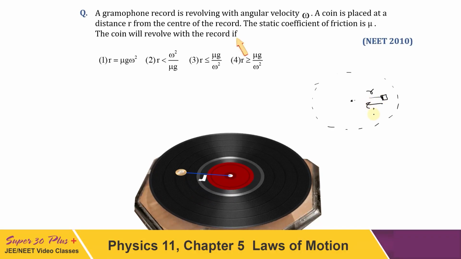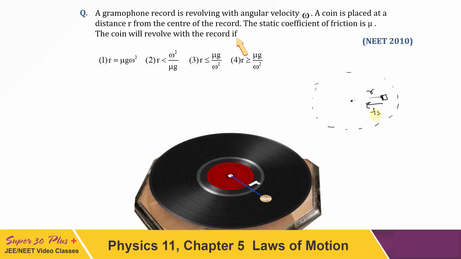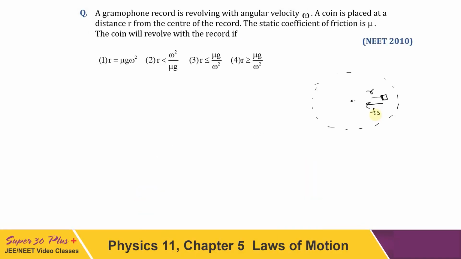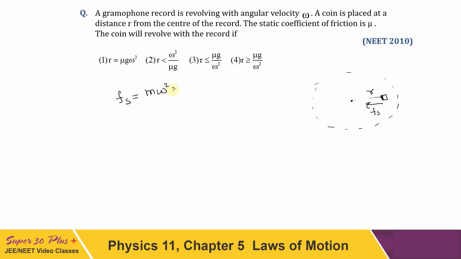And as you know, static friction is a self-adjustable force. Whenever need arises, this friction comes into the picture. So here the friction force must be the force required to provide the necessary centripetal force. So we can write this friction force should be equal to m omega square r. But what is this Fs? Fs can have a maximum value equal to mu n, so Fs should be less than or equal to mu mg.